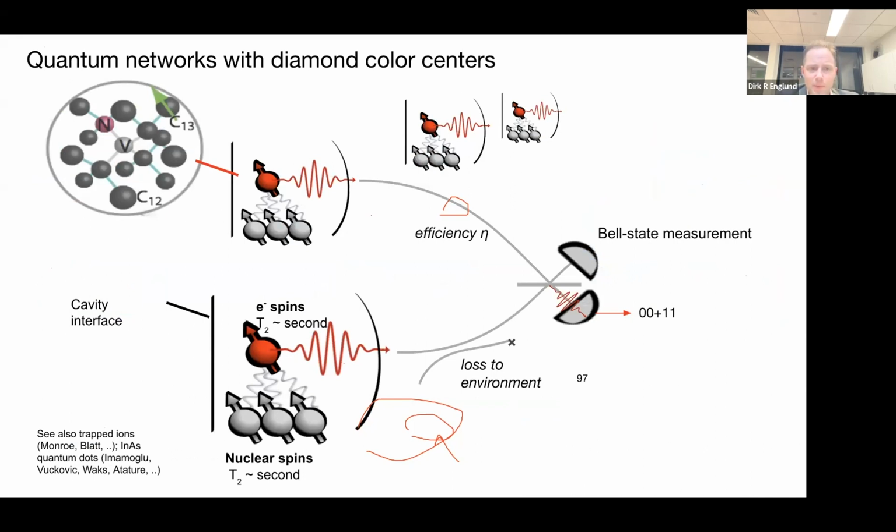But quantum networks with multiple diamond color centers have been demonstrated, and one of the leading ones is based on diamond nitrogen vacancy centers, which are entangled by spin-dependent optical transitions to the electron spin in the diamond. Then you measure the optical fields emitted, for example, or scattered, on a Bell measurement apparatus like a beam splitter followed by 2 photon detectors. The heralding signal here tells you that a photon was emitted by one of the 2 qubits, but you don't know which one.